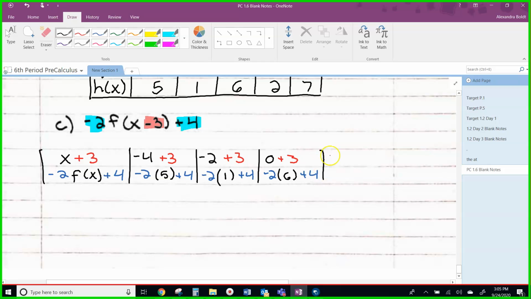And then I have 2 and 3. And for my y value, I have negative 2. My y value was 2. Plus 4.